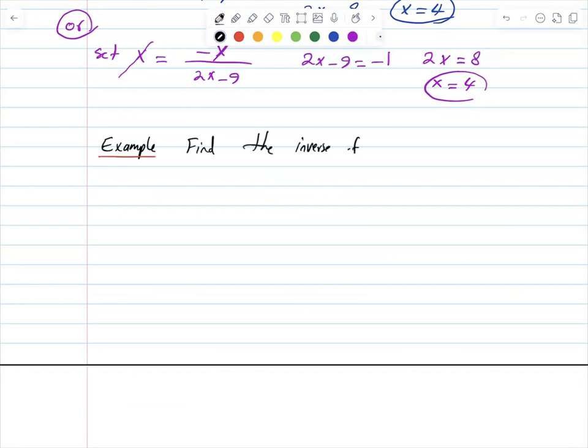The matrix is given to you as: here you have sine of alpha, cosine of alpha, negative cosine alpha, and sine alpha. So what is the inverse of this matrix? If you find the inverse of this matrix, what is the very first entry? All right. Just write down the first entry for me.